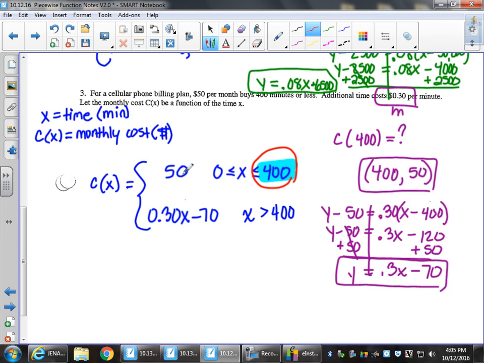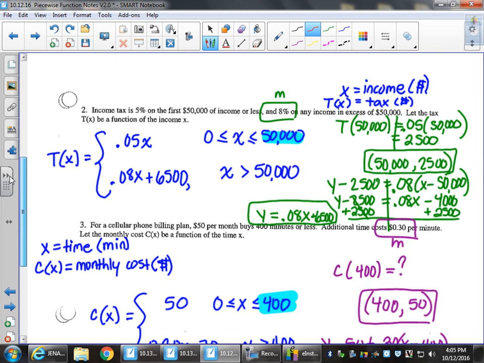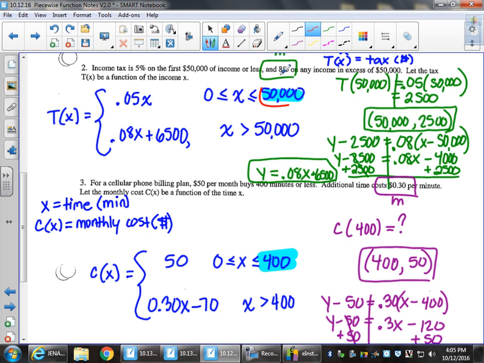Now in this case, it's a constant piece, so there was no work to be done. But in number 2, we take our 50,000, and when we evaluated, we did have some math to do. That becomes the ordered pair 50,000, comma, whatever you got out, in this case 2,500. We used the m given, 8%, 0.08, and the point you just found in point slope form, and that gets us our last needed piece. Past this one, there's no more pieces. So we're done.